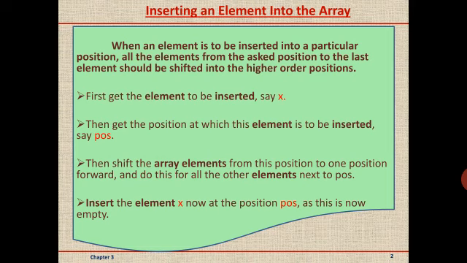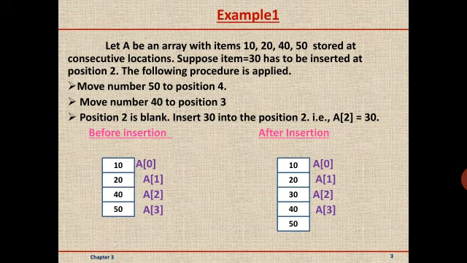To understand this, let us learn one simple example. Okay, here we have an array A which has various items, say for example 10, 20, 40, 50, stored at consecutive locations. Consecutive means the elements are stored continuously.